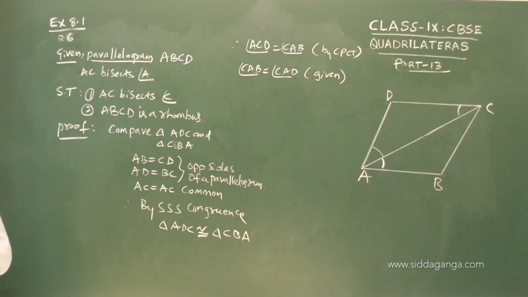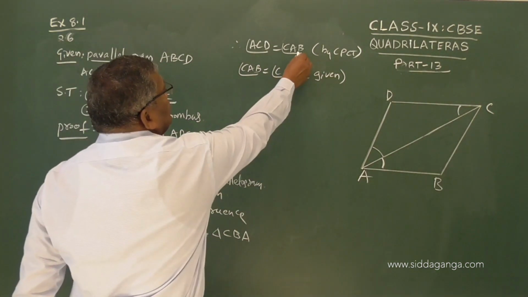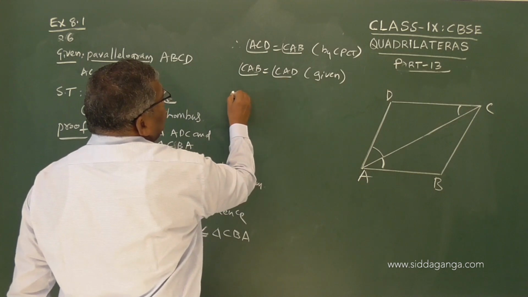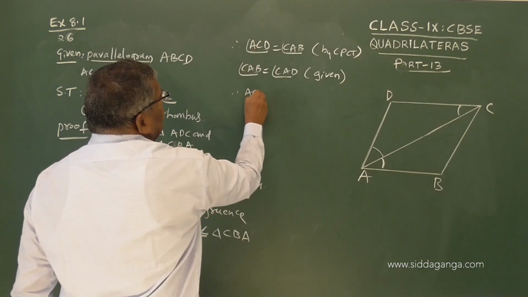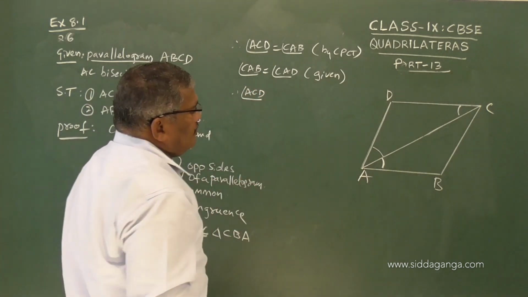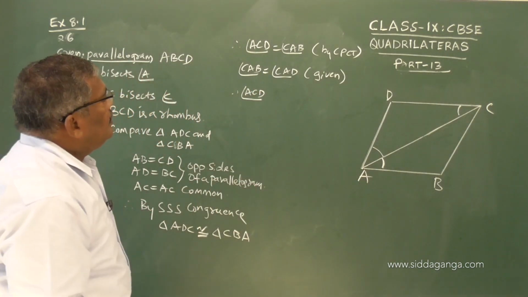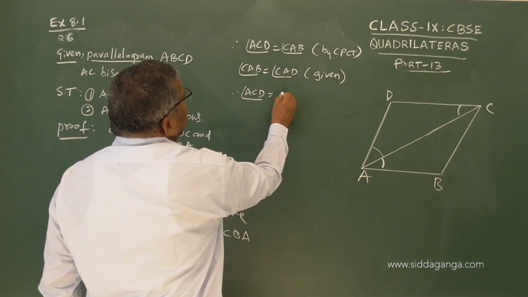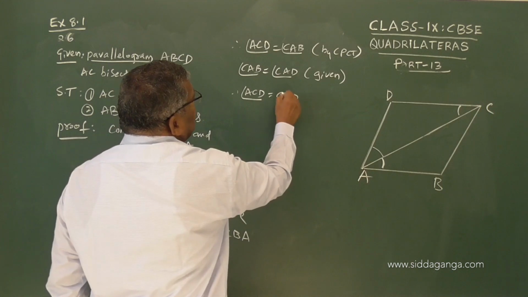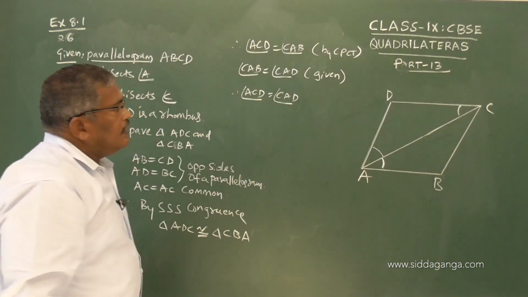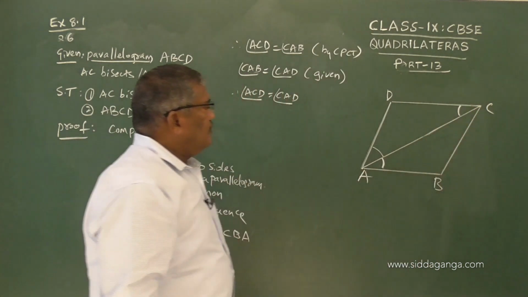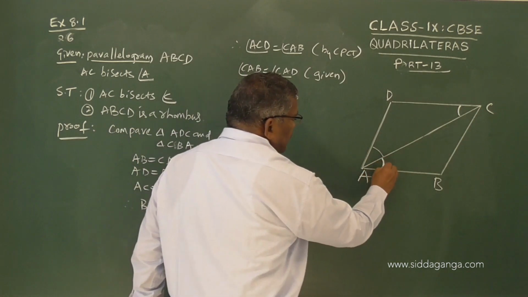Now with these two, observe here, this is CAB and this is CAB. From these two data, we can say ACD will be equal to CAD. ACD is this angle and CAD is this angle.